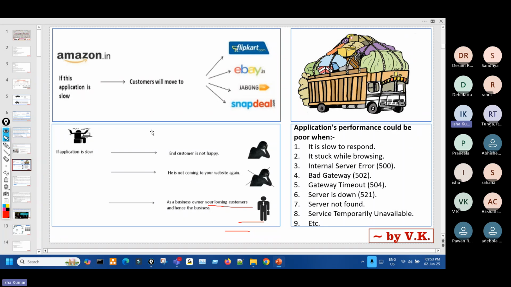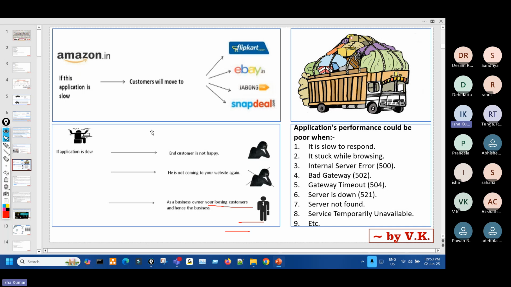If any platform does not perform better in terms of user behavior, we say user responsiveness, we can move to a different platform. That is today's reality, and because of this, performance needs to be always tested.